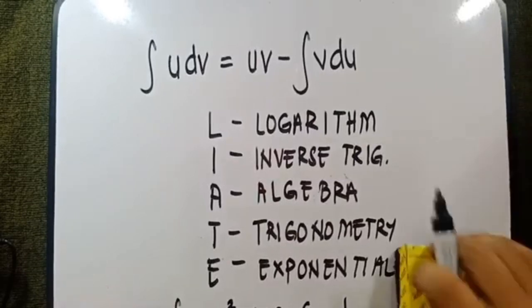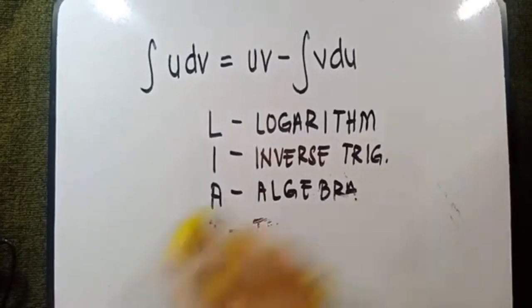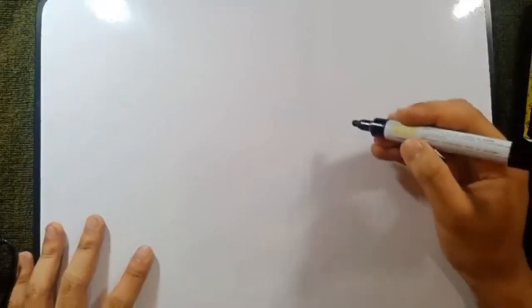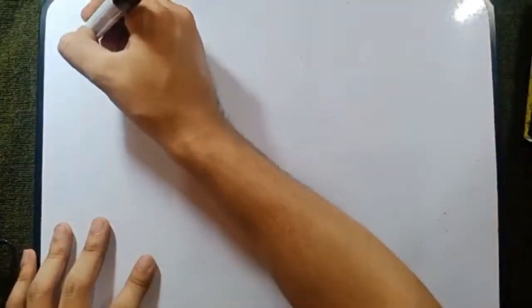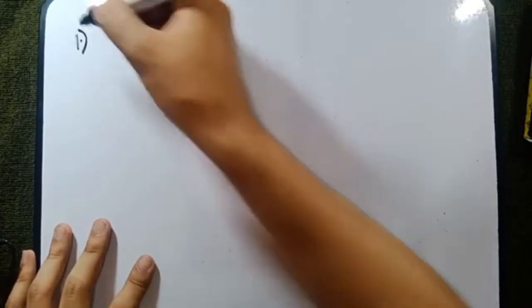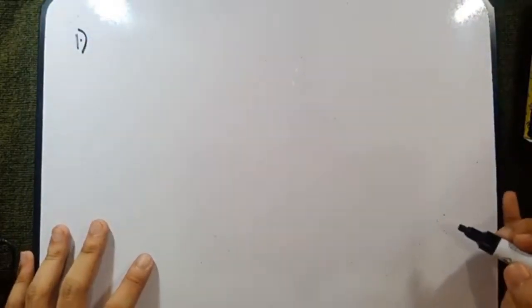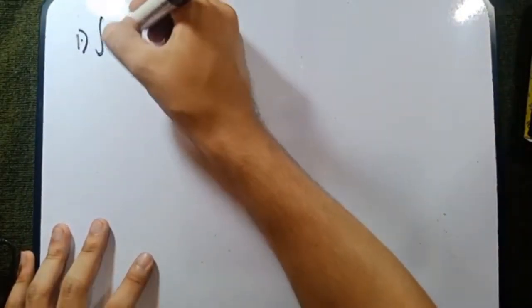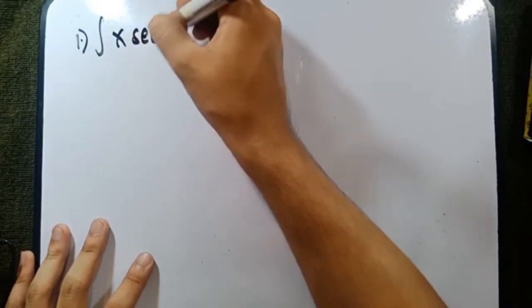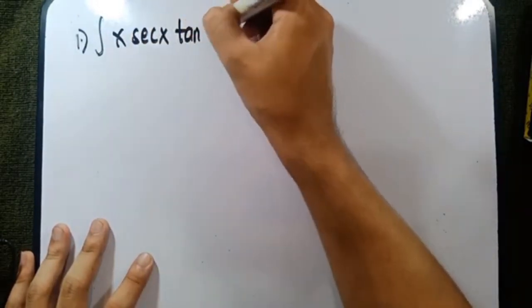Let us have an example para mag-gets ninyo. Basta tandaan nyo yung LIATE na yun, ha? LIATE. Tapos yung ating rule. So, example number 1, let's say, integration of x secant x tangent x dx.